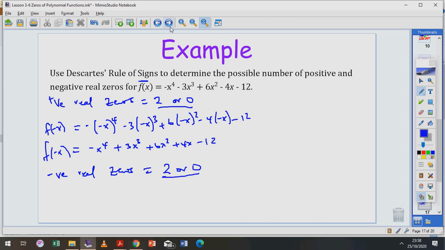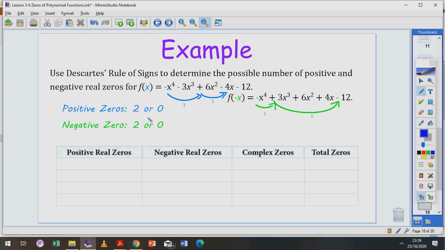If I draw a table and list these out, remember this question just asked me to find the possible number of positive and negative real zeros. It didn't ask me to find them. If I fill this out in a table, the positive real zeros could be 2, and if the positive real zeros are 2, the negative real zeros can also be 2.